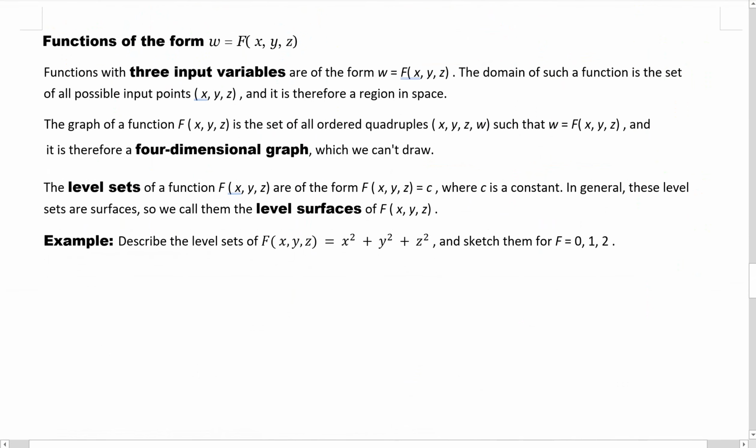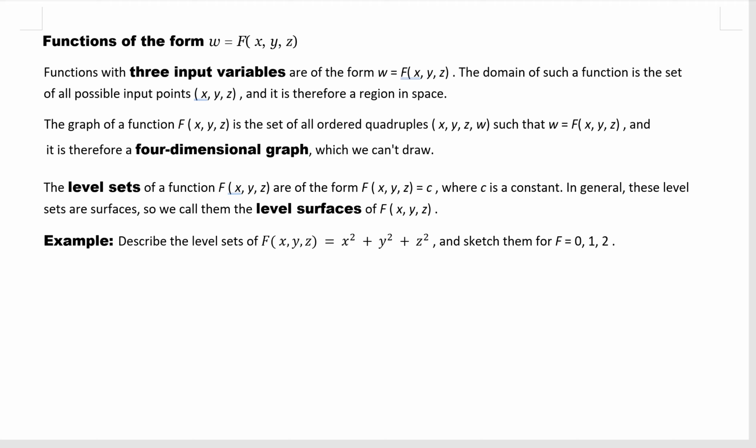Functions of the form w equals f of x, y, z. So functions with 3 input variables are of the form w equals f of x, y, z. The domain of such a function is the set of all possible input points x, y, z, and it is therefore a region in space.